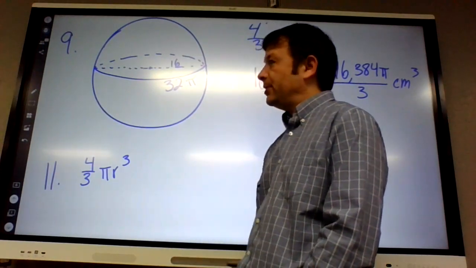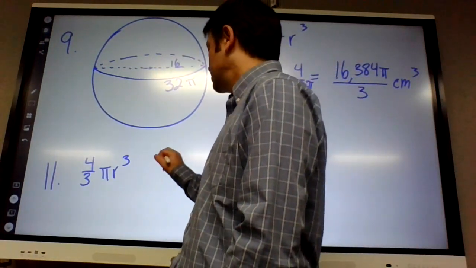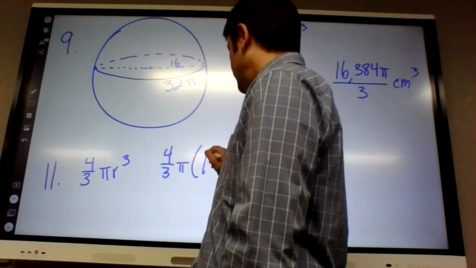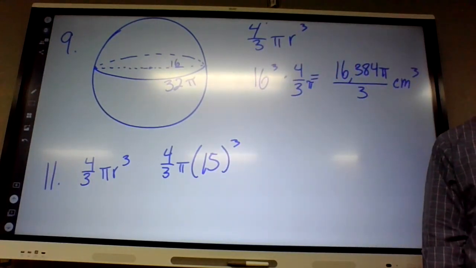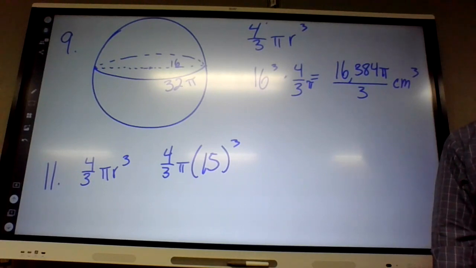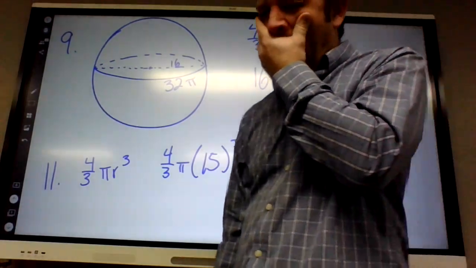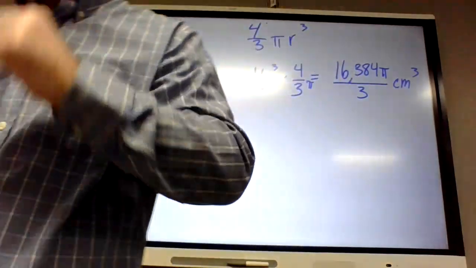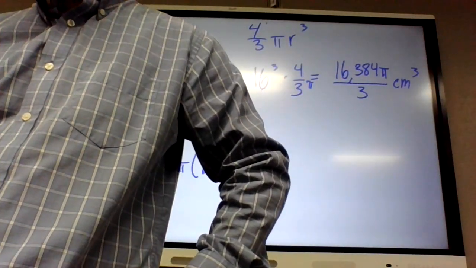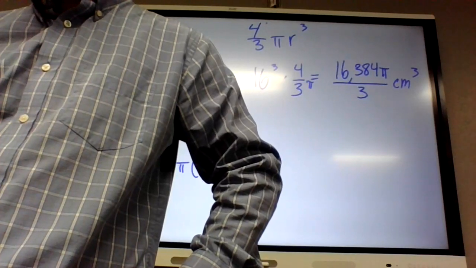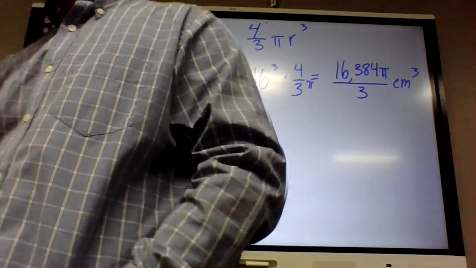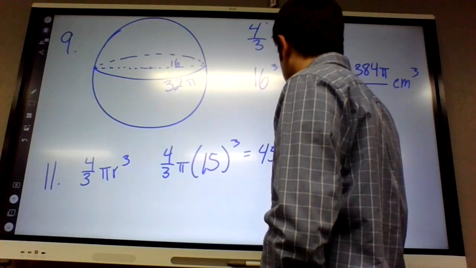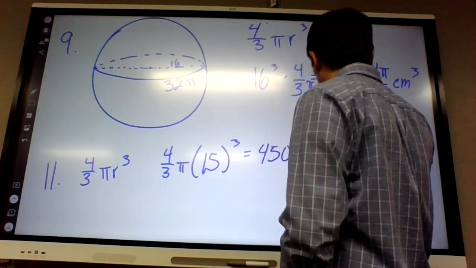So 4/3 pi 15 cubed. Okay, what does that come up to? 4,500 pi feet cubed.